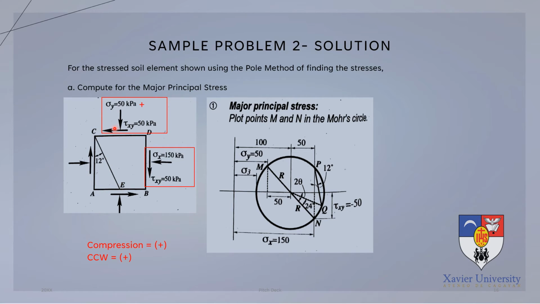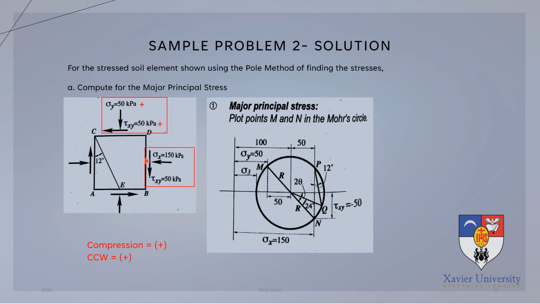If it rotates in this direction with respect to our plane CE, it has a counterclockwise direction. Therefore, it will incur a positive direction. So that would be the first set of our points or coordinates for our Mohr circle.